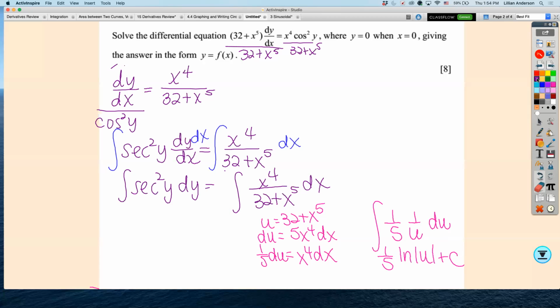But I need to plug that u value back in. My u was 32 plus x to the fifth, so this becomes 1/5 ln absolute value of 32 plus x to the fifth, plus c. That's the right-hand side. What's the left-hand side turn into? What's the antiderivative of secant squared y? Tangent y.